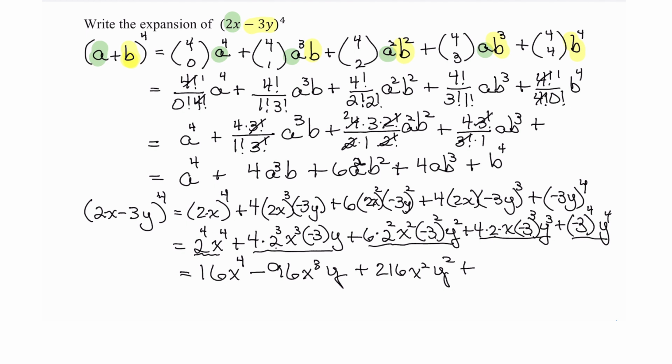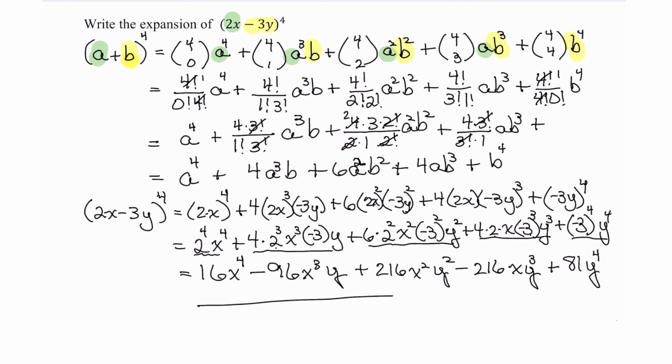So go 4 times 2 times negative 27, and you get a negative 216 x y to the third. And then finally, my last term, negative 3 to the fourth power is a positive 81. So I have plus 81 y to the fourth.